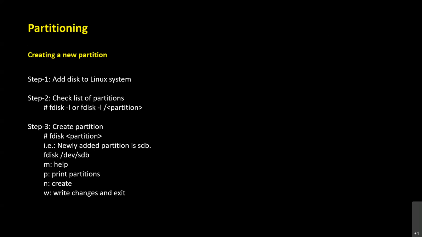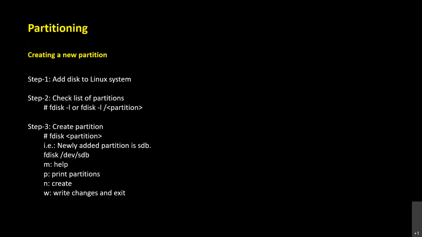And if we go to partitioning, now we will see how we can create a new partition. First, add some disk space to the Linux operating system. Then use the command fdisk -l to check the list of partitions and then create a partition.